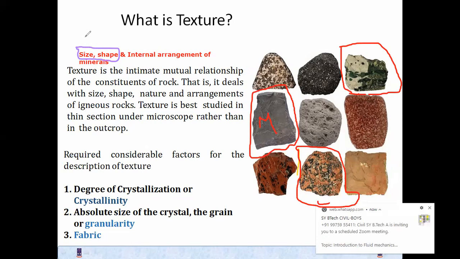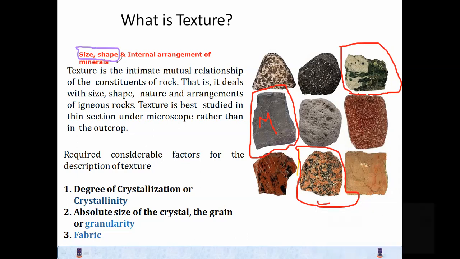So, size we can measure in dimensions like length, width, diameter, etc. And shape we can describe in words like circular, triangular, rectangular, square, etc. So, size and shape of the minerals means which type of shape and which type of size the minerals present in that rock have, and that is also considered as texture.